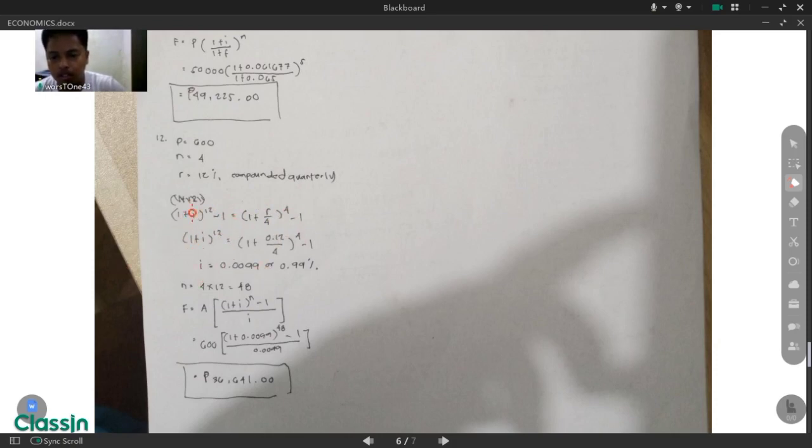So we must equate them in order to achieve the same value in different modes of compounding.